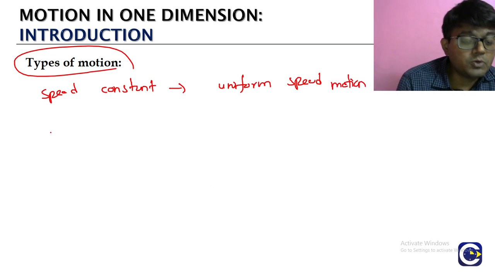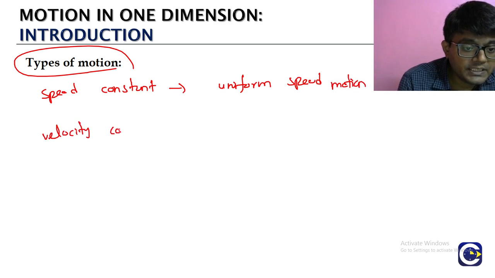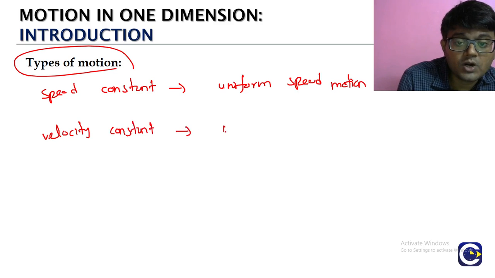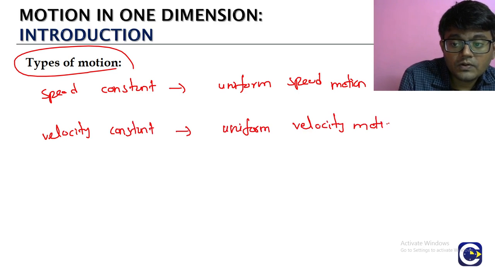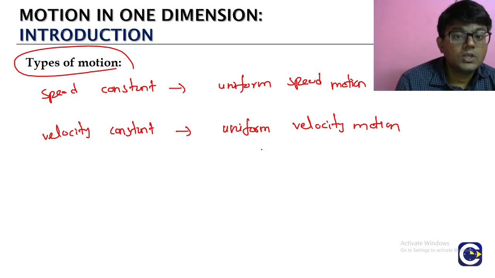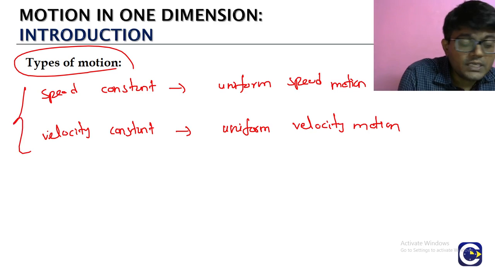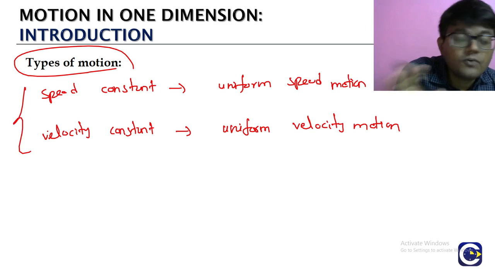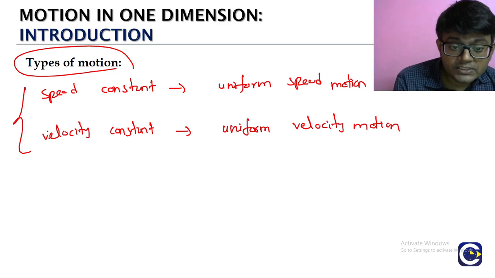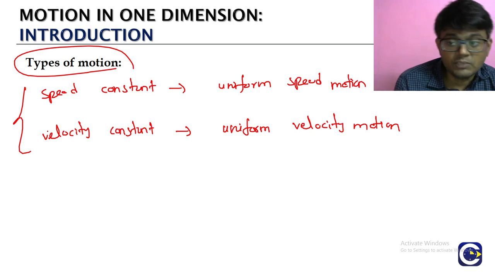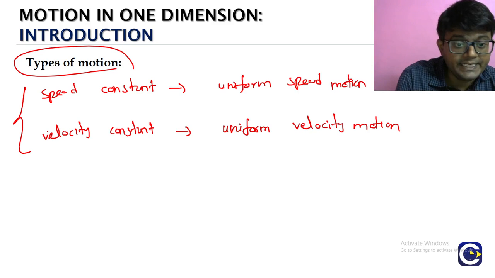Uniform speed motion. If the velocity is remaining constant, then we'll say it is uniform velocity motion. We'll study each of them in detail.